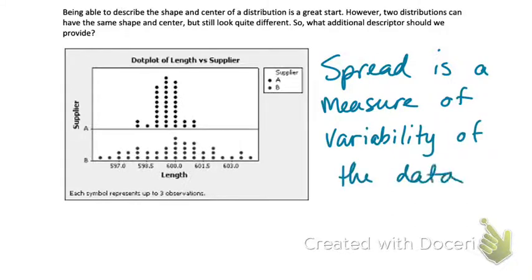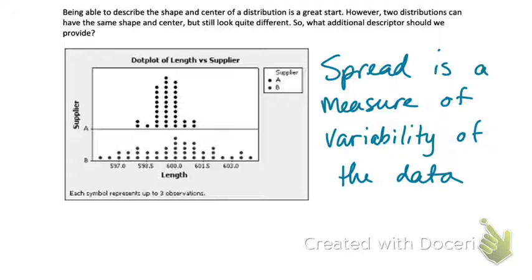And so we specifically use the spread in our whole SOCS thing: shape, outlier, center, spread. And we've talked about that the spread is listing the low value to the high value so that we can see where the numbers are actually located on a number line. So we really like spread as the way that you describe the variability.